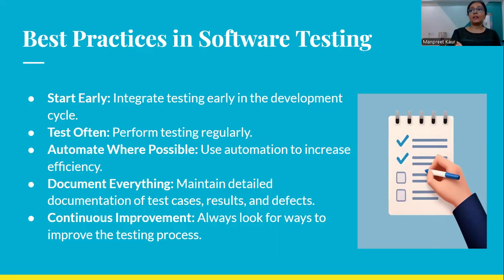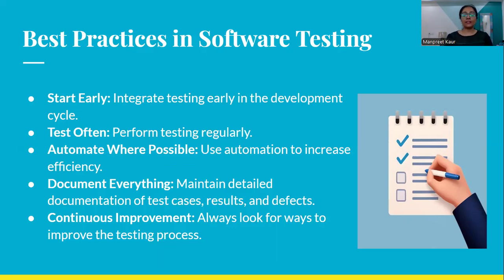And also, where thinking of the scenarios is needed, for a new requirement, we cannot write the automation scripts. It can only happen for the existing application, for performing smoke tests or regression testing. And we have to document everything.